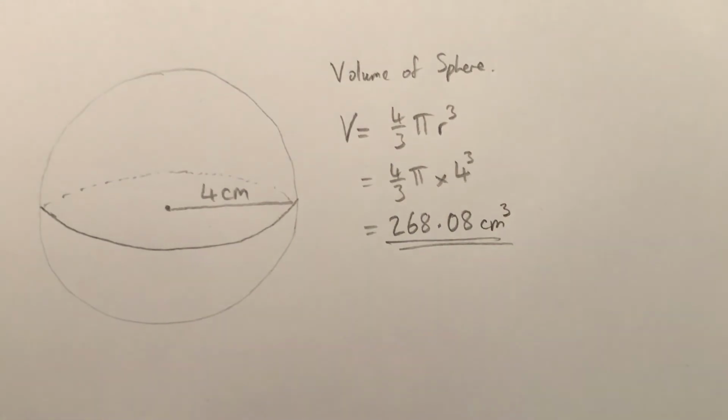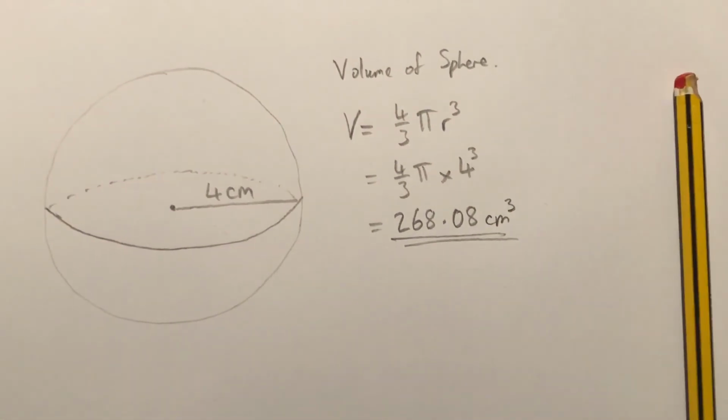Now, it might seem counterintuitive to have to write this, but there was a case a few years back where people were marked down for not stating volume of cone or volume of sphere, volume of whatever. I would hate to think that you lost a mark for not treating your examiner like an idiot and writing it down, okay? That highlights that you know exactly what you're talking about and that you are using the correct formula.